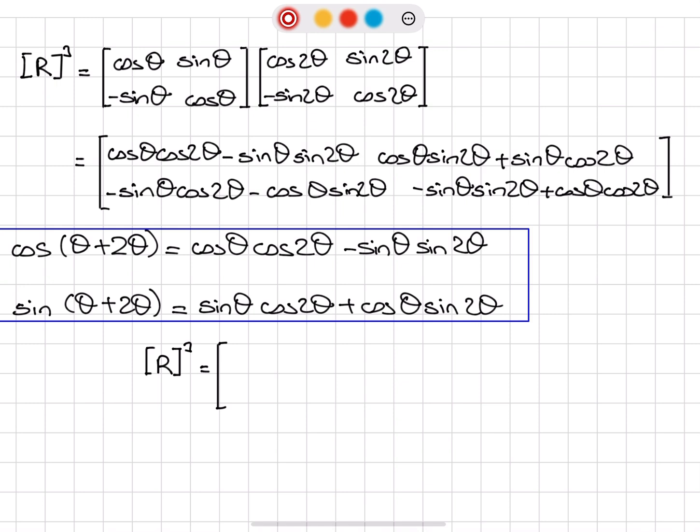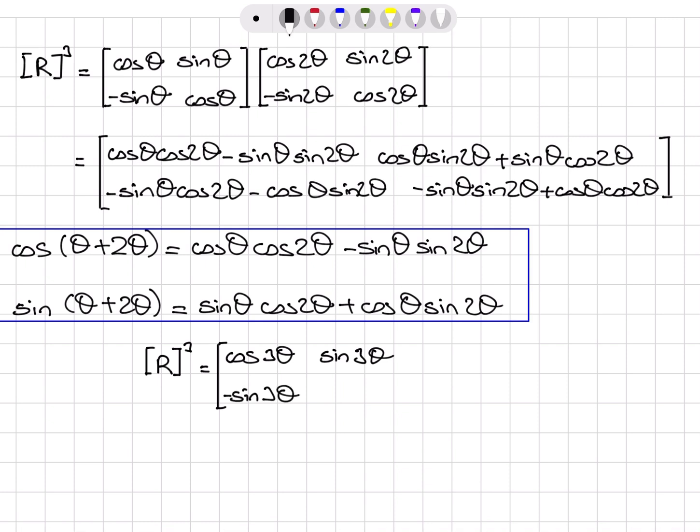The first term, cosine theta cosine 2 theta minus sine theta sine 2 theta, corresponds to cosine 3 theta. The second term, cosine theta sine 2 theta plus sine theta cosine 2 theta, corresponds to sine 3 theta. And then we have, with a minus sign, sine theta cosine 2 theta plus cosine theta sine 2 theta, which is minus sine 3 theta.